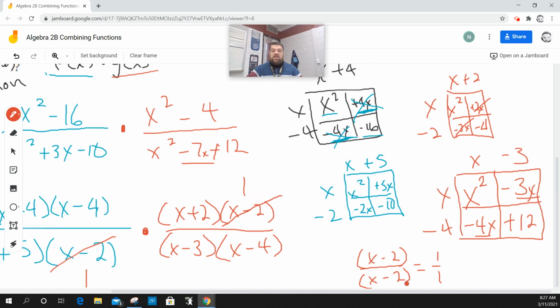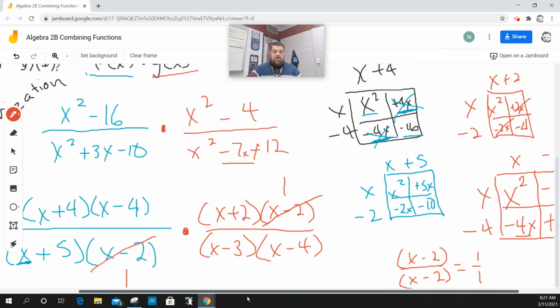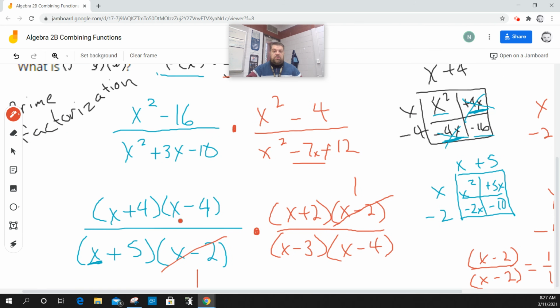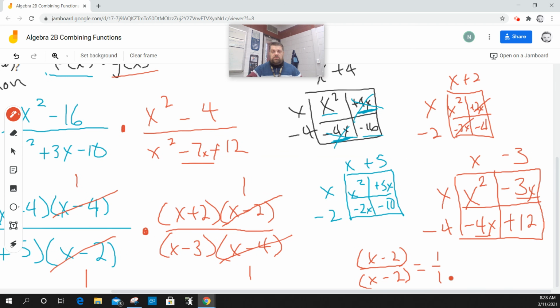Anytime you divide something by itself, you get 1. There's some other stuff that could cancel too. So I've got x minus 4 over x minus 4, that equals 1. Okay. So then what I'm left with is x plus 4 times x plus 2.